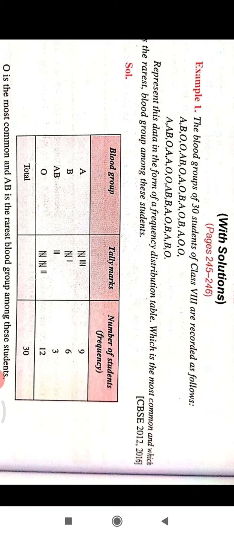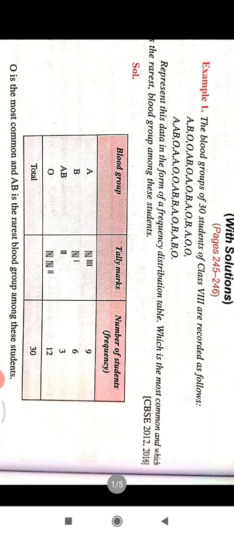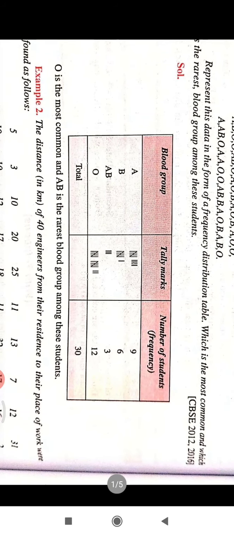So frequency will be 12, and if you make the total, it will be 30. In this way we can solve the question first in our notebook, but during the class you write it on a rough page.